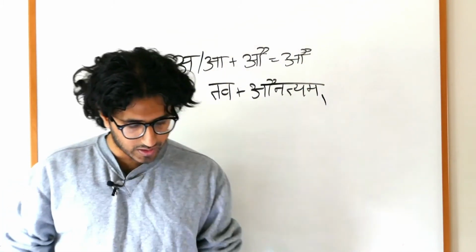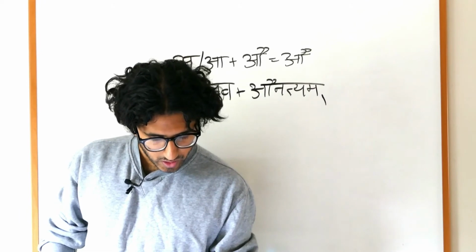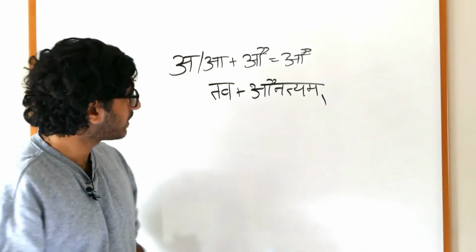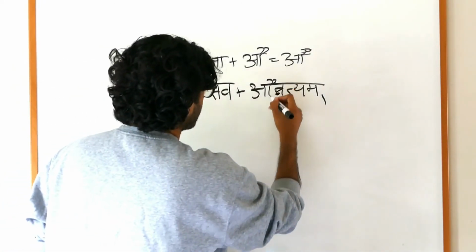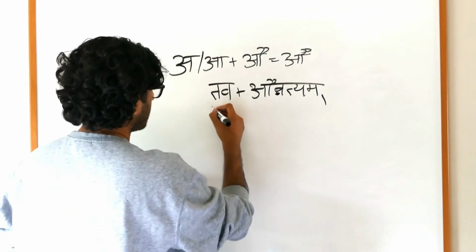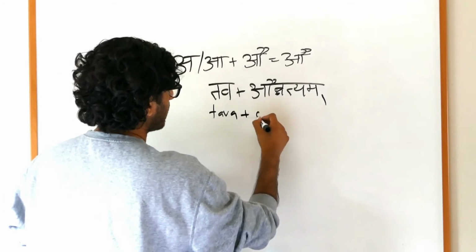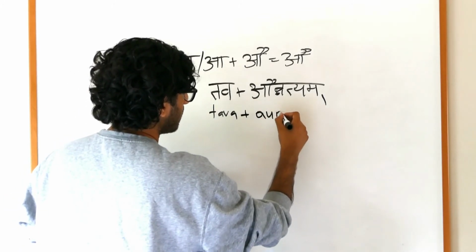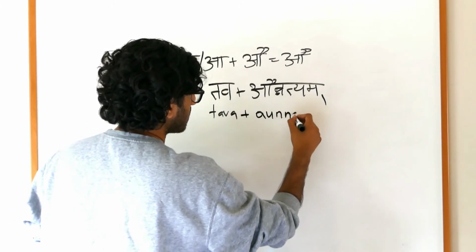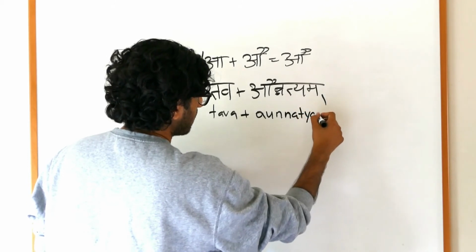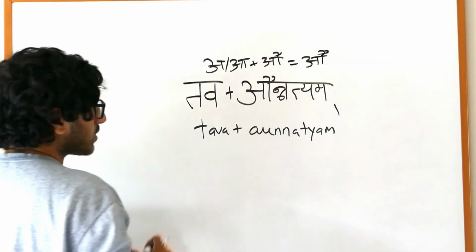Let me just check one more time. Tava plus Aunatyam. It's a double N. Aunatyam. So Tava, which should mean your, and then Au, Nat, Yum. This is a conjunct consonant right here. So there's no change here.